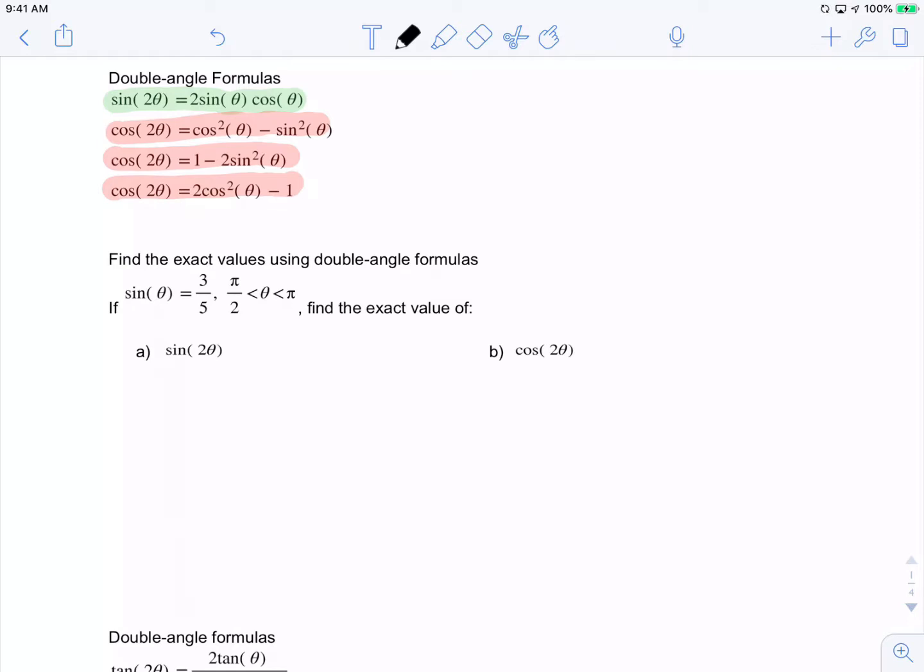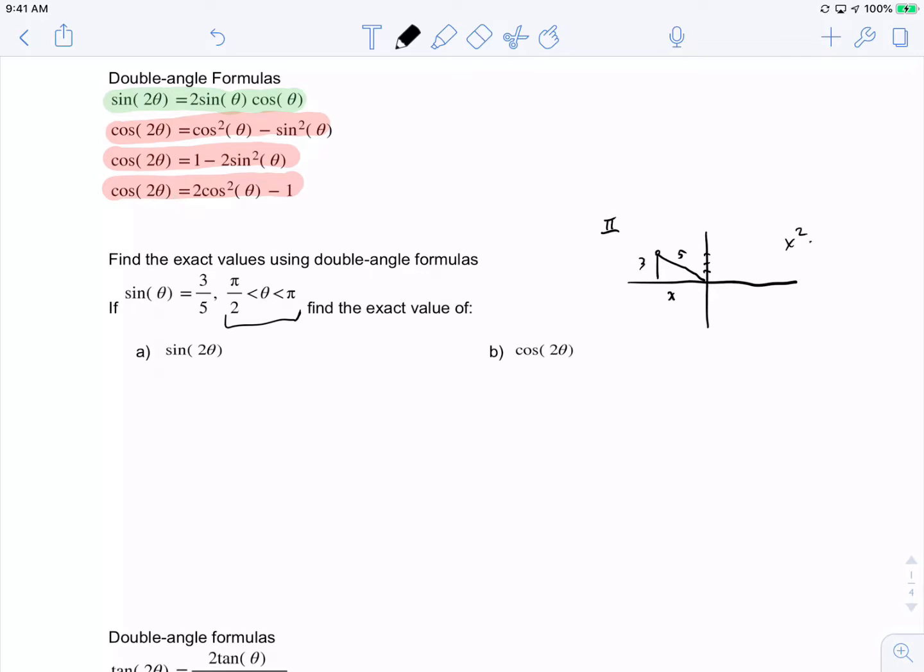So in this first one, we're talking about sine. And since we're in the second quadrant, and the reason we're in the second quadrant is because of this restriction here, the hypotenuse is 5, this leg is 3, and then here's x.